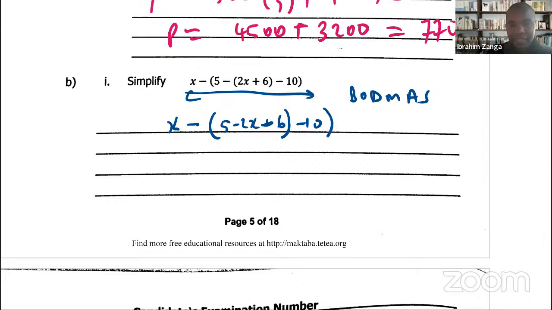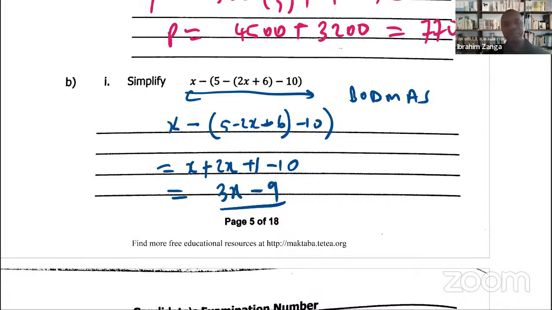It will be x minus 5, so minus negative 2x will be plus 2x. 5 minus 6 is negative 1, negative 1 times negative 1 is positive 1, minus 10. So it will be x plus 2x, you get 3x minus 9, dear students.